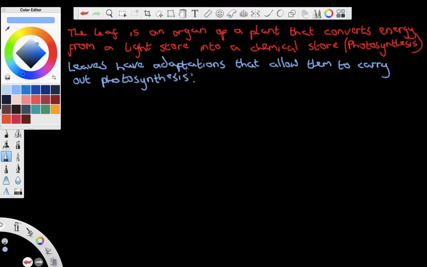And we need to list some of these adaptations underneath.